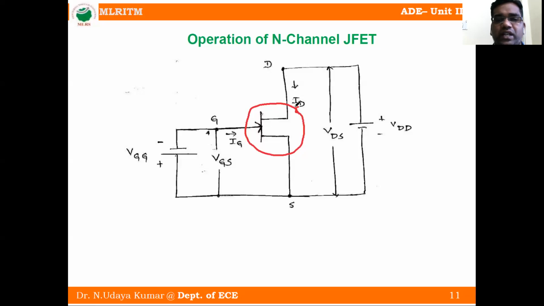This is the N channel JFET because the arrow mark is towards the bar.